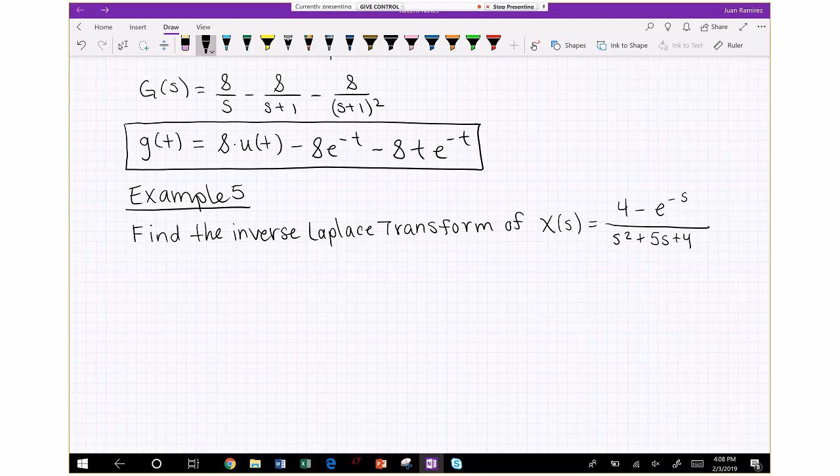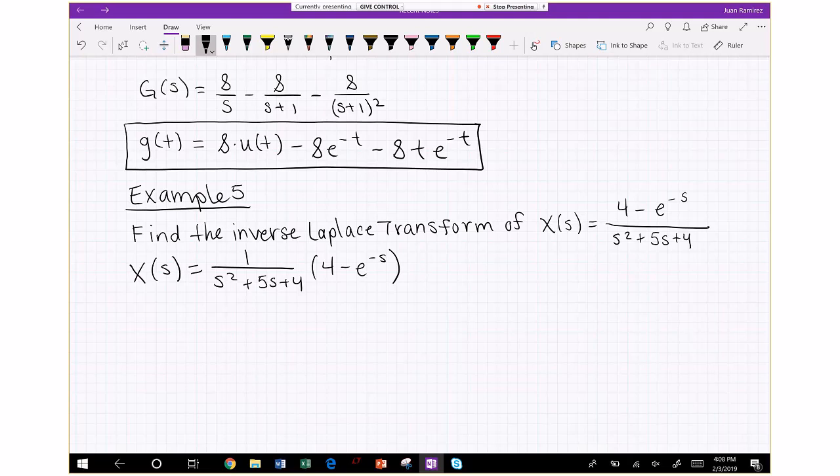And if you do that, I'll write it out. You can factor out the s squared plus 5s plus 4, and once you factor it out, you can multiply each numerator by the denominator.